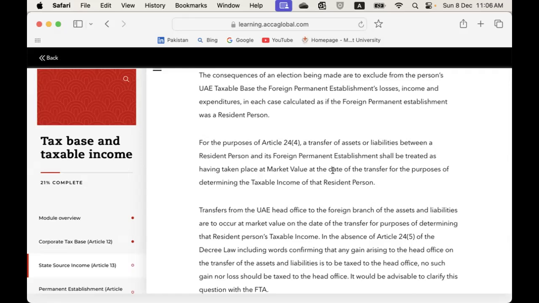Let us simplify things. I am going to assume that the branch, although it is not a separate legal entity, is an extension of the head office. But just for discussion's sake, let us assume that it is allowed, and it will still be considered under BEPS Pillar 2. Let us assume that it will be considered a constituent entity.